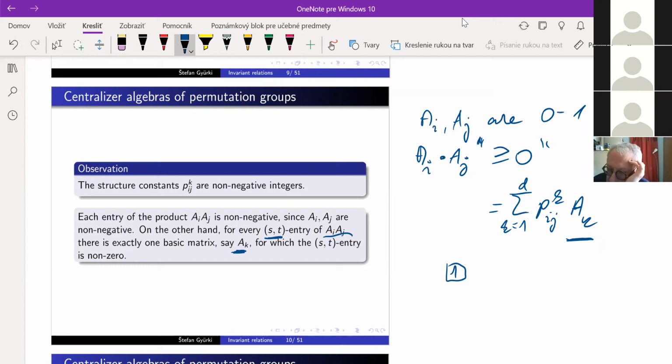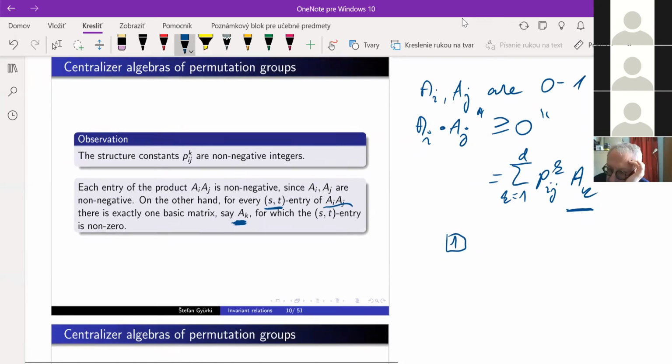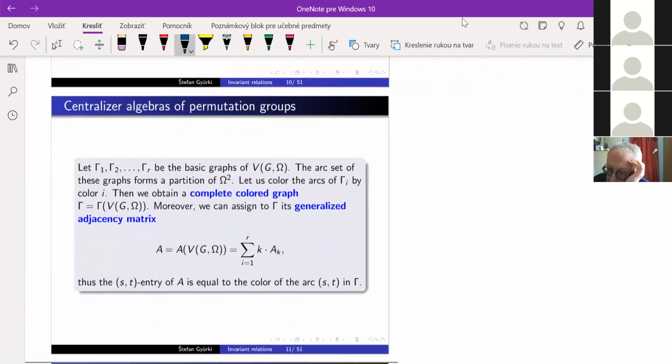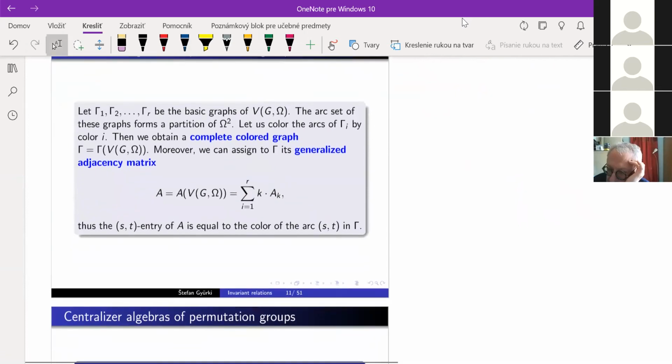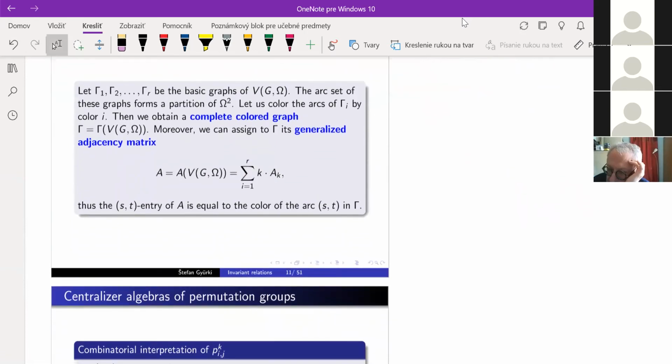That entry should be non-negative, which means that the coefficient in the corresponding matrix will also be non-negative. I'm sorry, I'm giving all the definitions in a row, but after that there will be more examples, so please be a little bit patient.